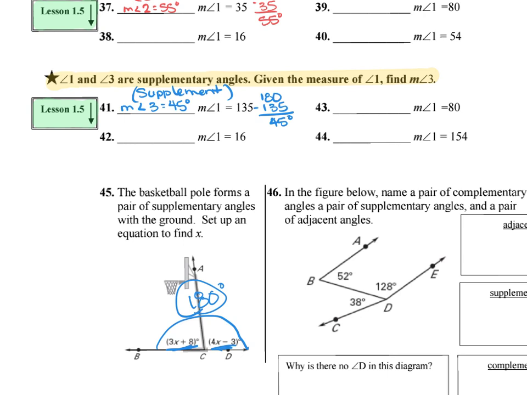And then in question 46, they ask you for supplementary angles, complementary angles, and adjacent angles. Remember, you can name those angles. You can group those angles any way you'd like. But remember that when there is only one angle, you can call that angle B. But when you have two angles at an intersection, you cannot use angle D because there's two of them.